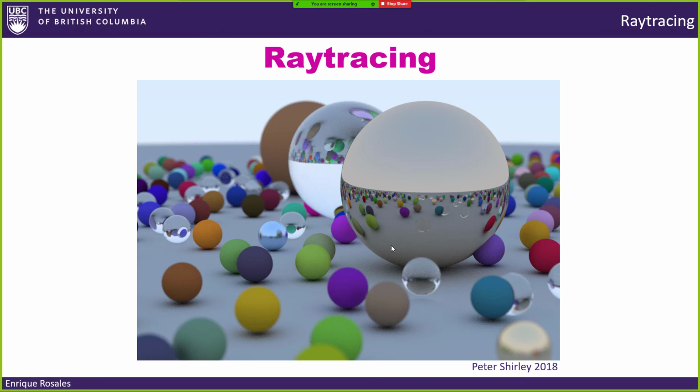Basically, in the first part of your ray tracing assignment, you will be able to render something like this, depending on your computer, in about 30 minutes, because this image will take a while to process. But look at the reflections on this guy. If you look very closely, you will see that the colors of these objects, when they appear in the reflection, appear a little bit less saturated.